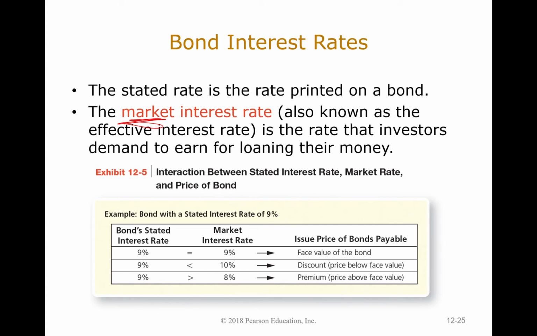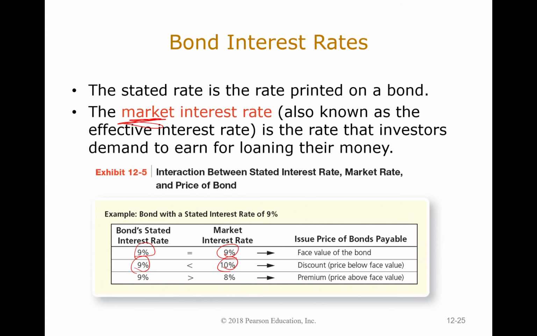Okay, so if the rate on the bond is 9% and the market rate is 9%, the bond's going to be issued at the face amount or the face value of the bond. If the bond's rate is 9% and the market rate is 10%, if you think of it, you would rather get 10% on an investment than 9%.